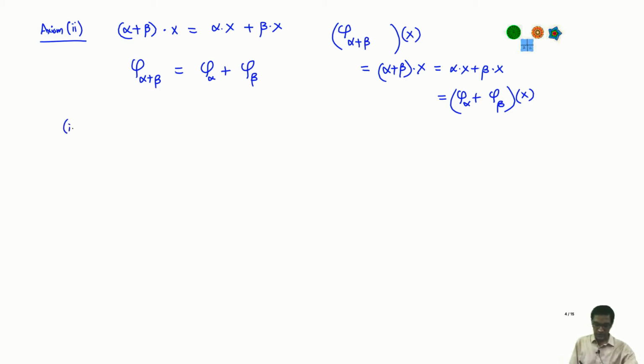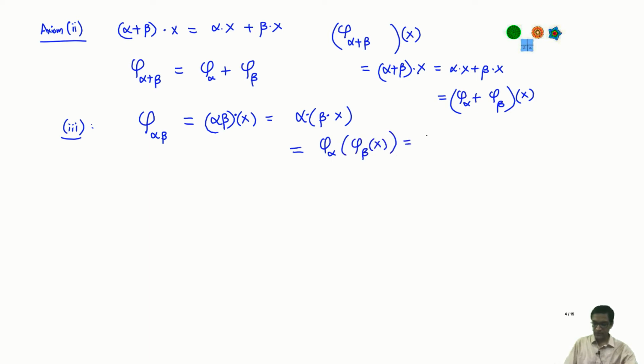Now axiom 3 similarly, you can already start seeing where this is going. The scalar multiplication by the product alpha beta, by definition, is alpha beta acting on x, but that, remember, is the same as alpha acting on beta acting on x, but that just means it's phi alpha composed with phi beta of x.